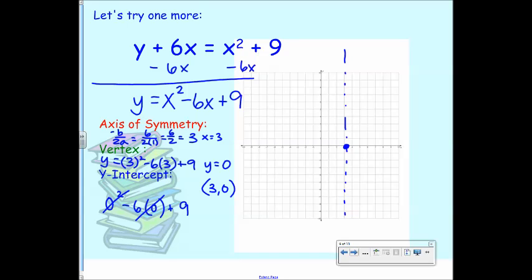So my y-intercept is 9, so then I put that point right here, which, like Brendan said, I already know my parabola is opening up, so it makes sense that the y-intercept will be up there. Now, how do I find that third point? I see it's over 3, 1, 2, 3, so I go 1, 2, 3. And there it is, and here's my parabola.